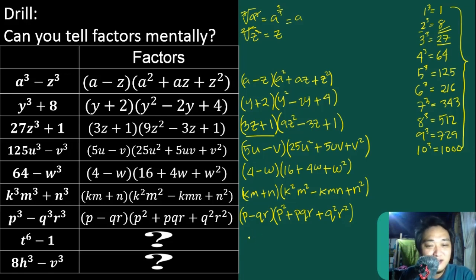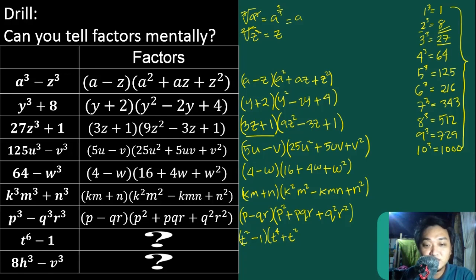Okay. Last 2, t to the 6 minus 1. That will be t. We divide 6 by 3. That is 2. t squared minus 1 times the quantity t to the 4th plus t squared.